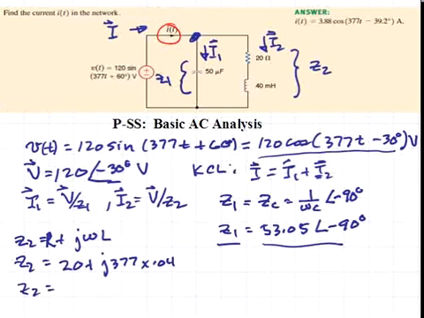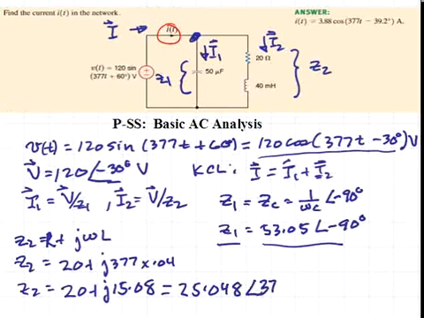Z2 is then equal to 20 plus J 15.08, and in the polar format this is equal to 25.048 at an angle of 37.016 degrees ohms.